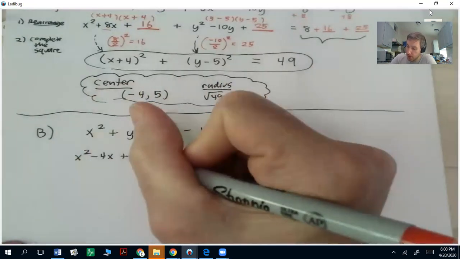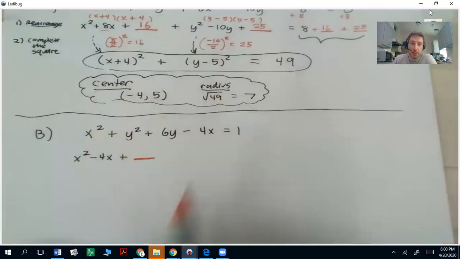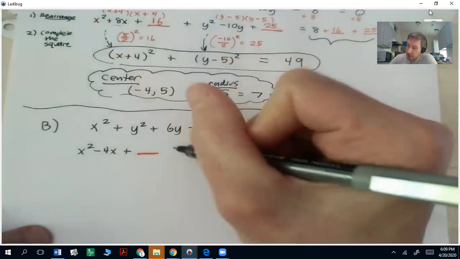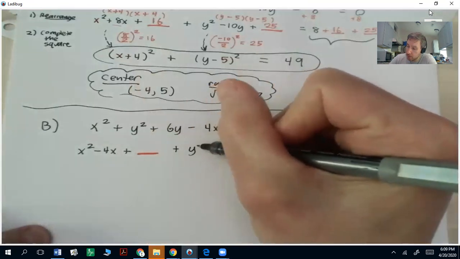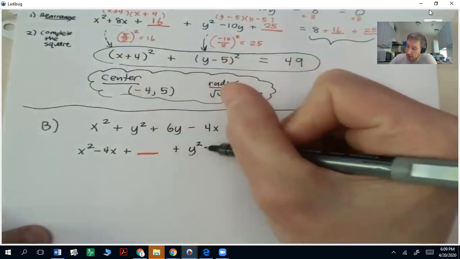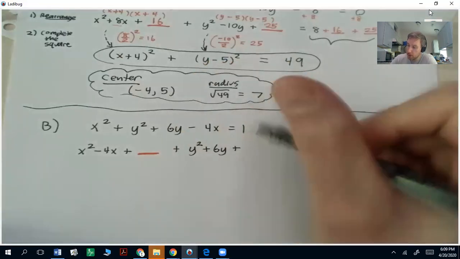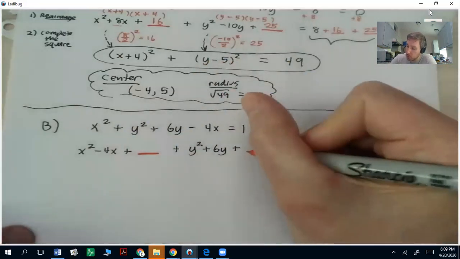I'm going to throw some number after that. So that's going to complete the square there. Then I'm going to do y squared. And there's a plus 6y. I'll need to complete the square after that as well.